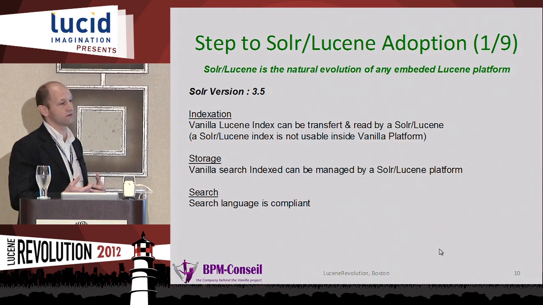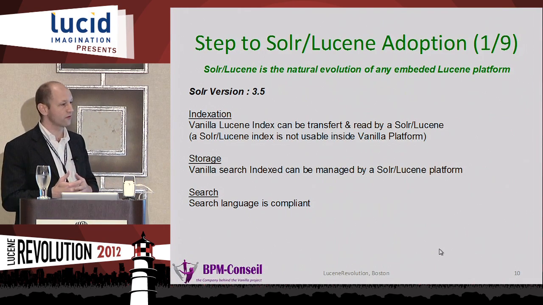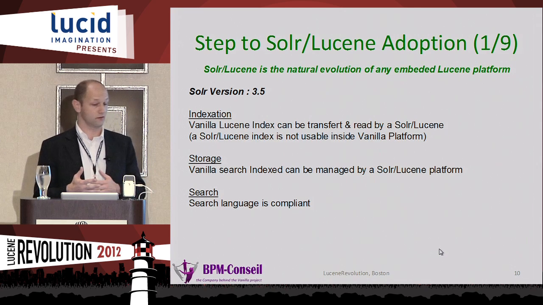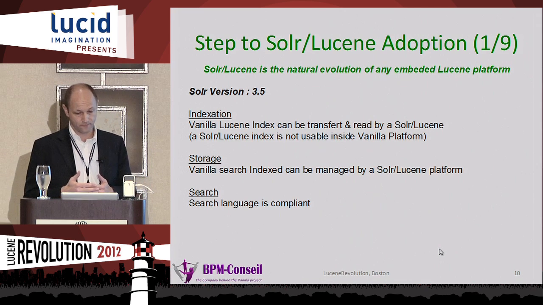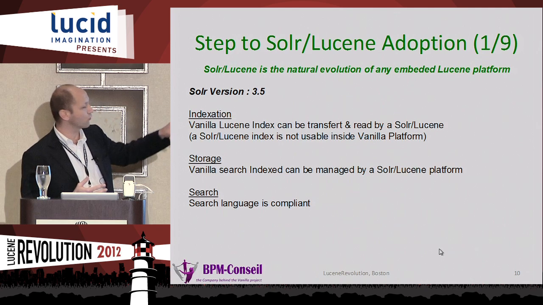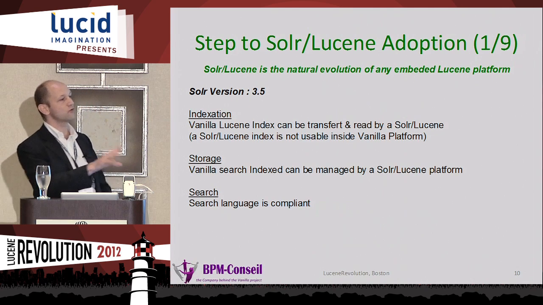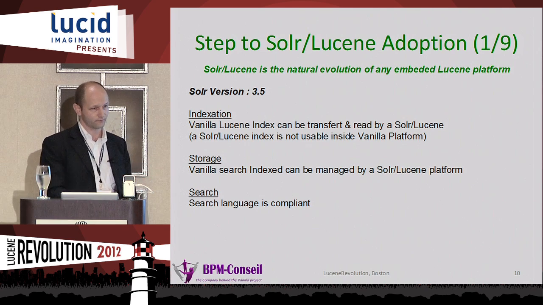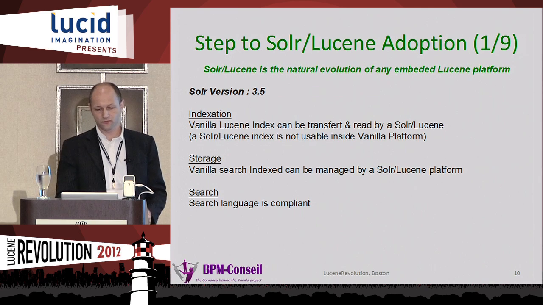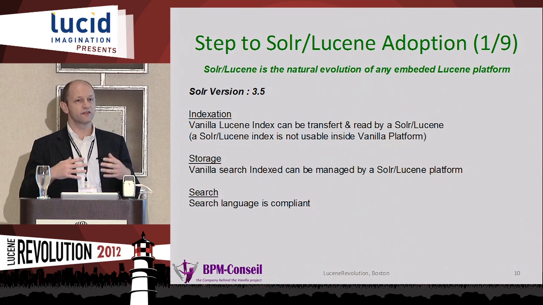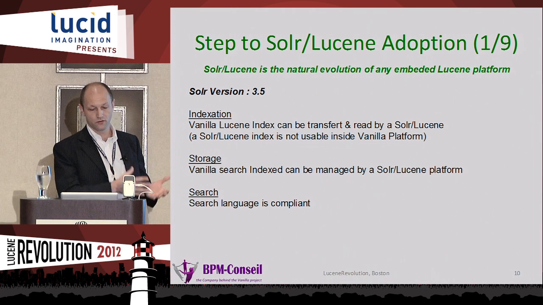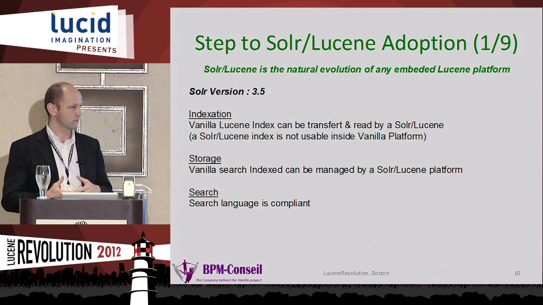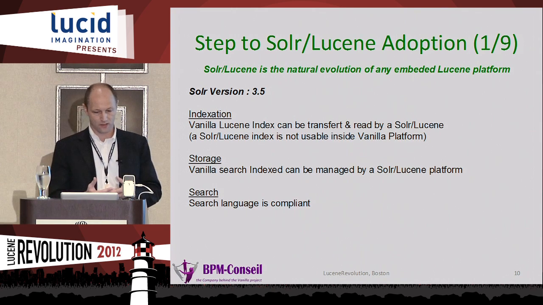So we decided, end of 2011, to move to Solr Lucene. I don't know if it was version 3.4 or 3.5. I know it was not 3.6. After looking, we found it natural to move from Lucene to Solr Lucene, and it was quite easy.